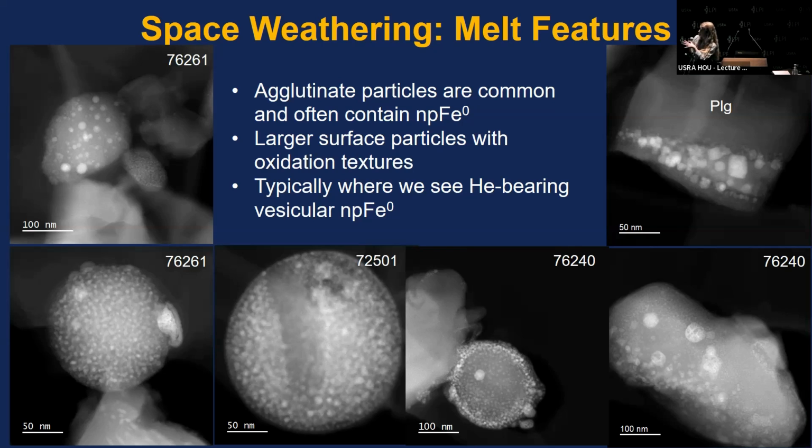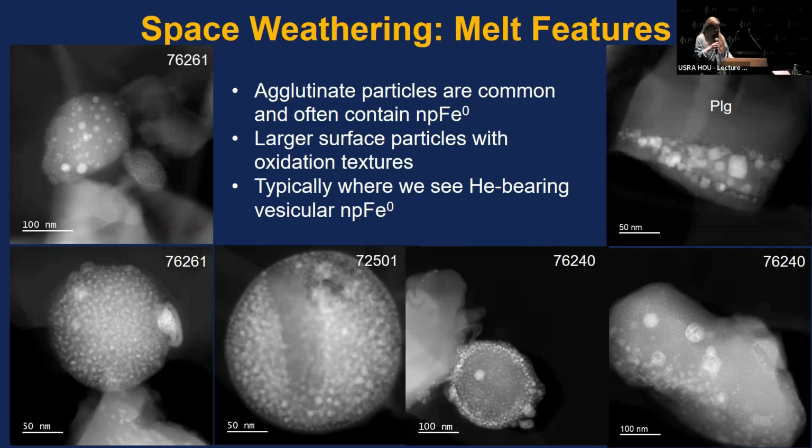These are the phases. So these spherical melt blebs are typically where we also see helium-bearing vesicular nanophase iron. There's something about glass that just entrains these particles and preserves the helium within them.